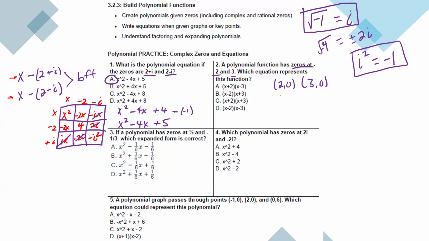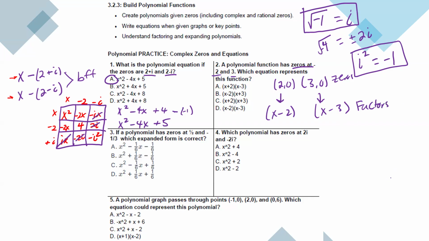So their factors are going to be the opposite. If I'm at x equals 2, comma 0, my factor is x minus 2. If I'm at 3 comma 0, my factor is x minus 3. That's how we go from zeros to factors.